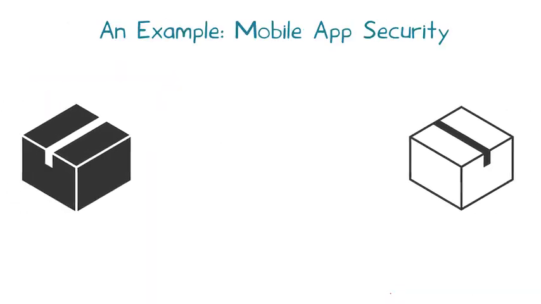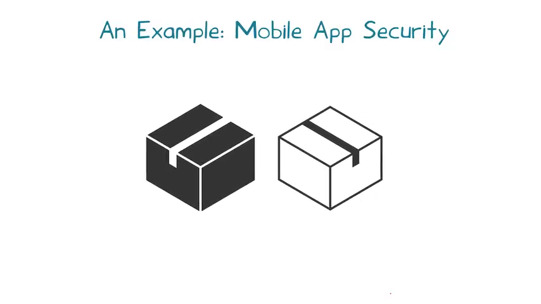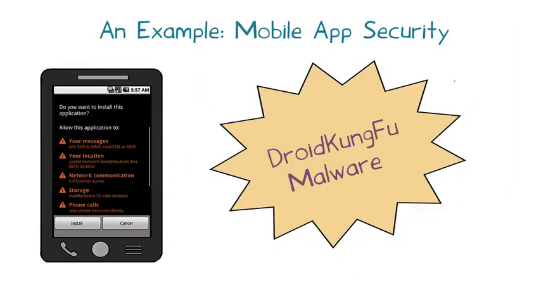Let's compare and contrast black box and white box testing for the problem of determining whether an Android app is malicious. Consider the Droid Kung Fu malware, which was found to be in circulation on 8 third-party app stores based out of China around 2011. Prior to installation, this app asks for the following permissions.